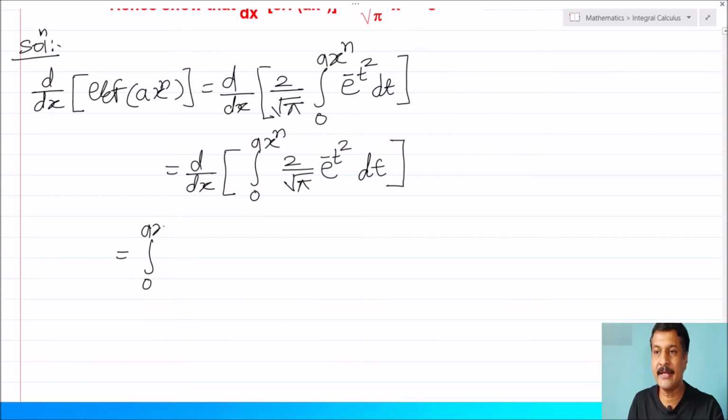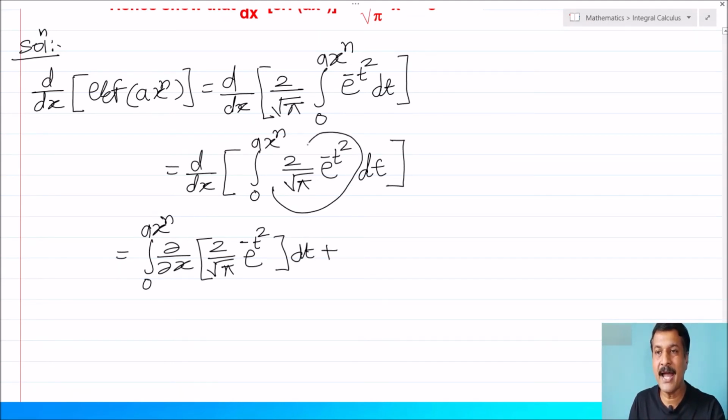d/dx of the integration from 0 to ax^n of 2 by root pi e^(-t^2) dt. The partial derivative with respect to x of the integrand gives the integral term, plus the variable replaced by the upper limit into the derivative of the upper limit.